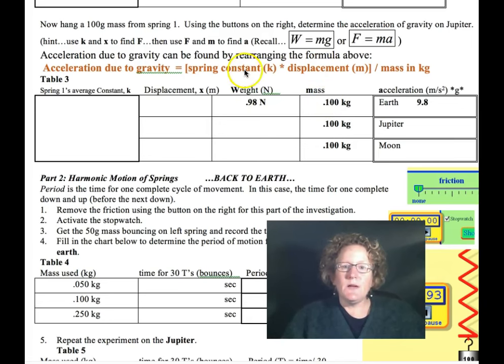So you've got the spring constant, you've got the displacement. Of course, you're going to convert that to meters by dividing the centimeters on the ruler by 100. You're going to multiply the spring constant times the displacement, the centimeters converted to meters, and divide that number by the mass in kilograms, which is right here.